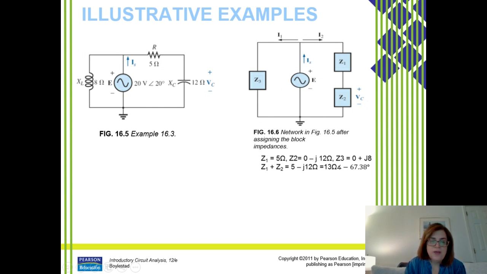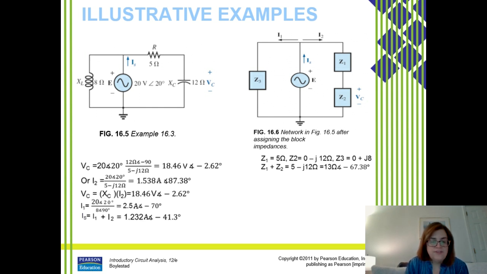Okay, so let's talk about how we might find V sub C and I sub S for our circuit. There are a few different methods of doing this. I'm going to show you just a couple. For VC, one way is we could recognize that Z1 and Z2 make up a voltage divider, because series impedances divide the voltage just like series resistors in DC.